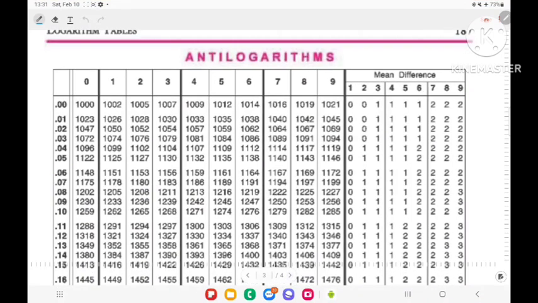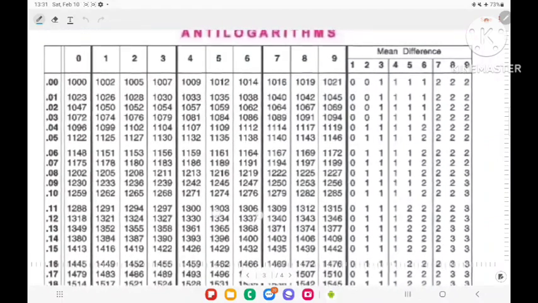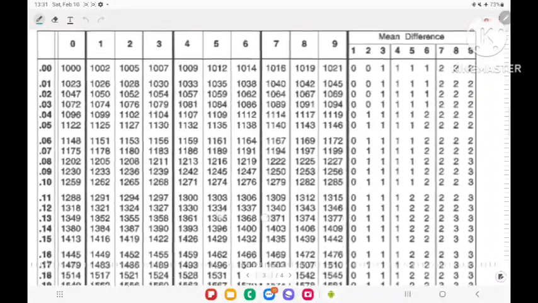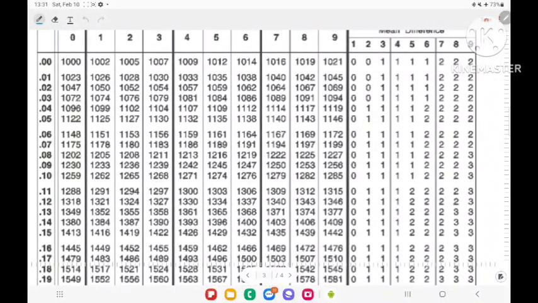Yeah, so 0.1829. This is the antilog table, okay, this is not the log table. This is the antilog table. 0.18 under row 2, under column 2, 1521.